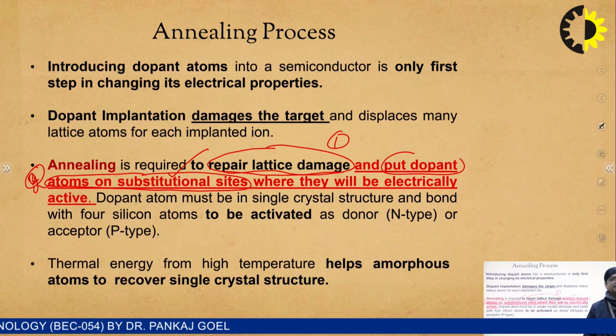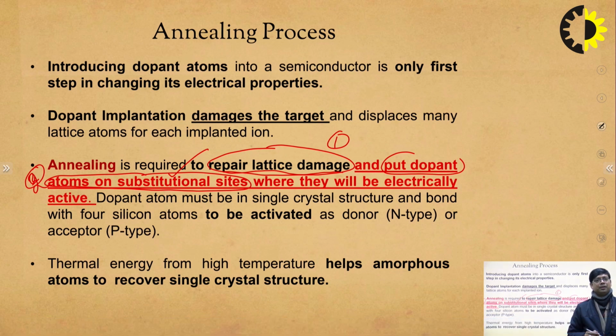Now, what happens is, when the dopants are bombarded onto the wafer, they may not be at a regular lattice location. They may be at the interstitial site. So, if our dopant is at an interstitial site, it is not electrically active.